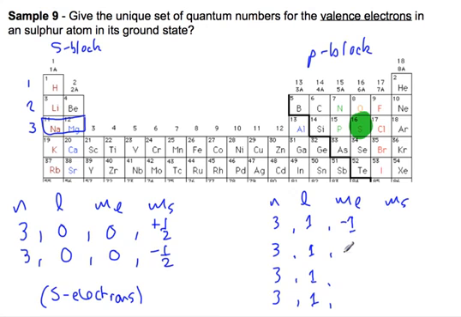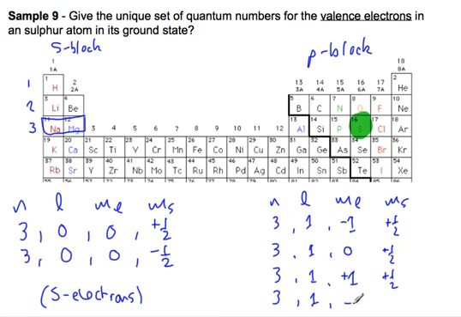So that means this one can't be -1, so I'm going to make it 0. That means this third one can't be -1 or 0, so it has to be +1. So this is what I mean by half filling the orbitals. 3 different orbitals here, each with a single electron. And so I can go ahead and put in a parallel spin, so I'm going to make it plus 1/2. There's the parallel spins. Now I go to my 4th electron, and now I have to fill one of the orbitals.